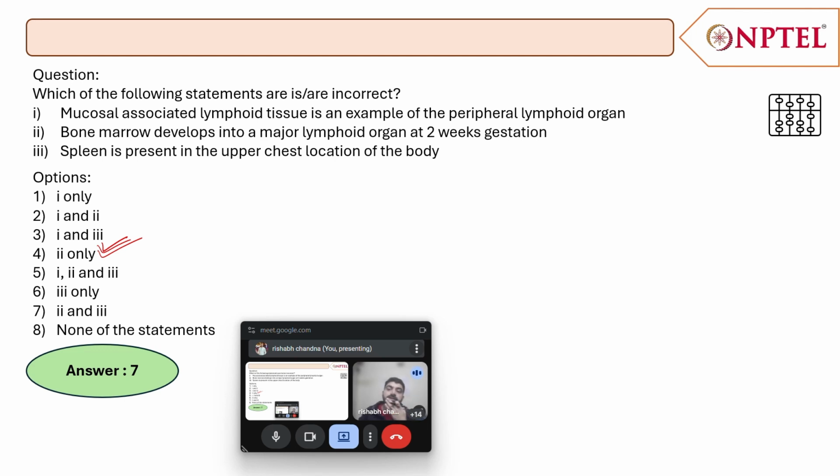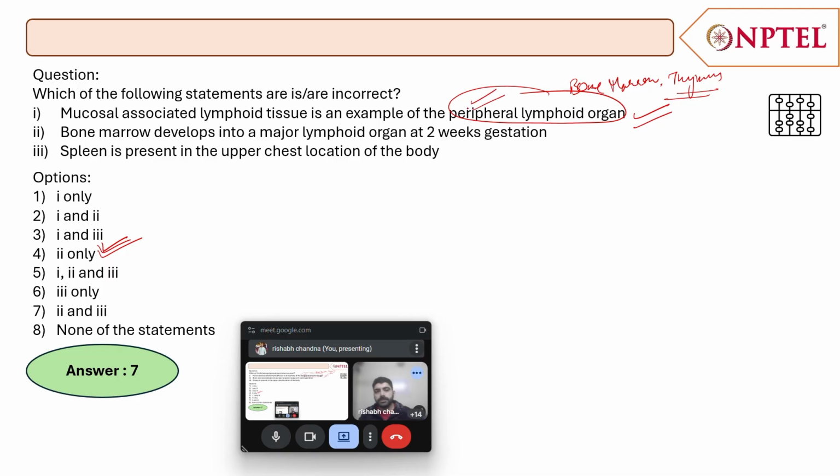MALT, that is mucosal associated lymphoid tissue, is an example of the peripheral lymphoid organ. Yes, this is a correct answer. The primary lymphoid organs include bone marrow and thymus, while this one goes into the peripheral lymphoid organs.